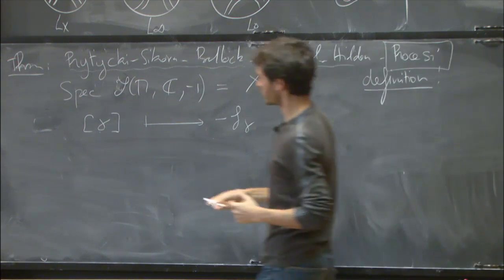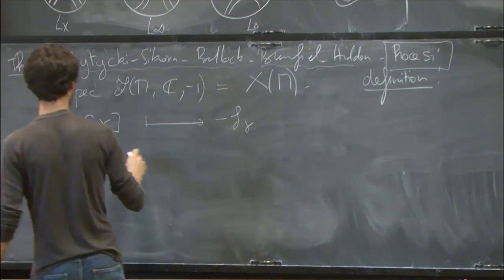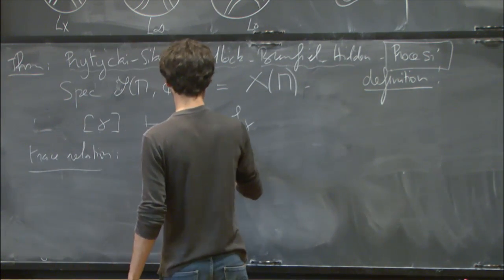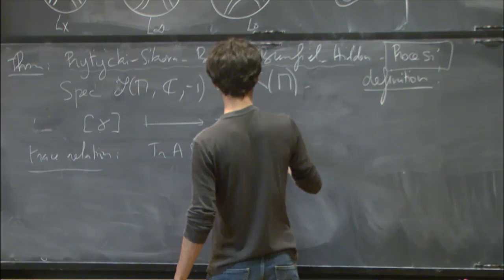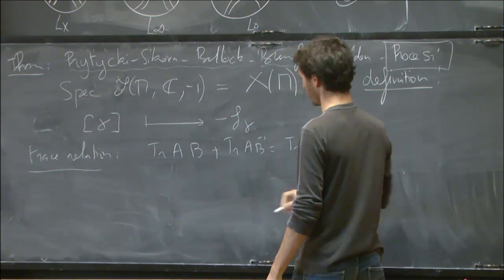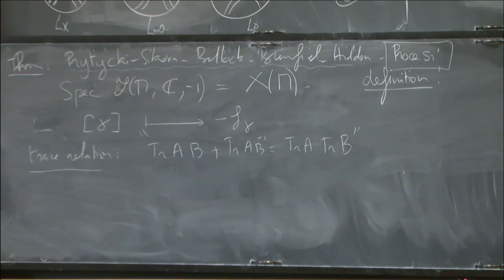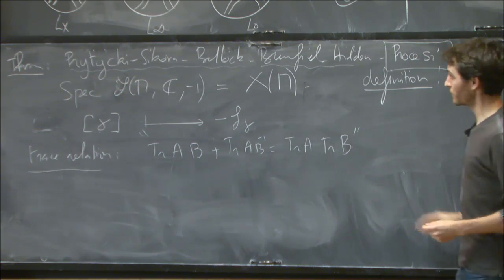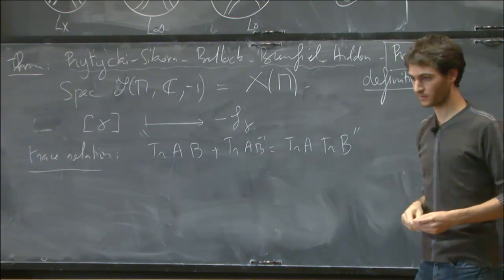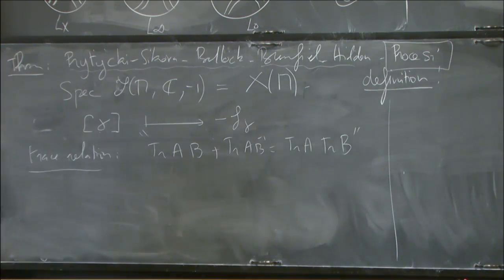And this is a famous trace relation, which amounts to saying something you know very well: trace of AB plus trace of AB inverse is equal to trace of A times trace of B. And it's the only important fact you need to know to understand the algebra of invariant functions on the character variety. This is just a reformulation of this fact. But I think it's nice enough to be stressed. But indeed, you can even use it as a definition. This is what I do.